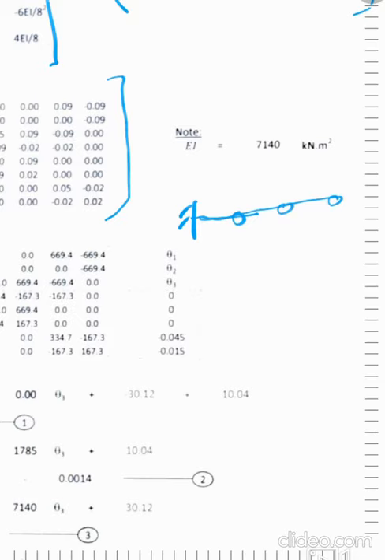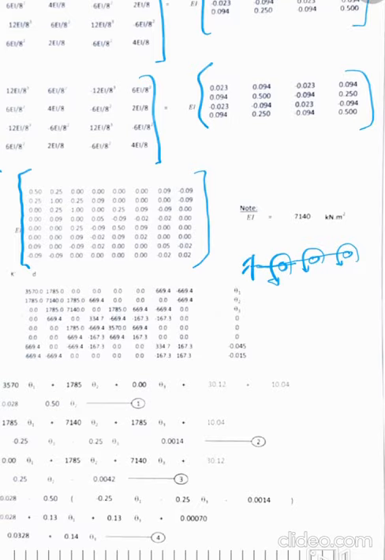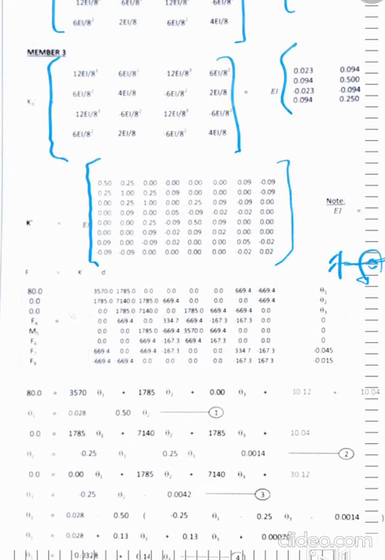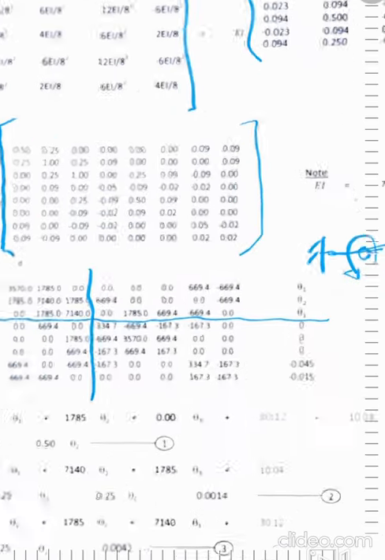It's rolling. We know this moment and this moment and this moment, that means the displacement or rotation is unknown, so I will divide this matrix into 4 parts to find theta.